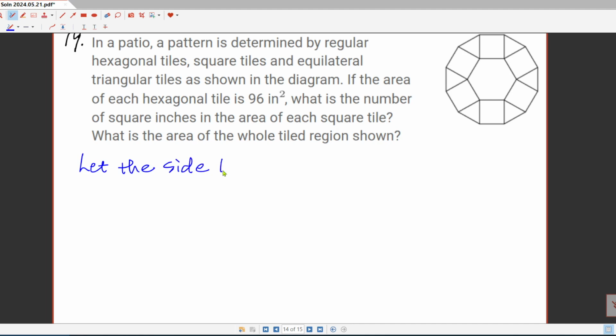Let the side length of the hexagon be S. So we know the square and equilateral triangles each have side lengths of S, right?